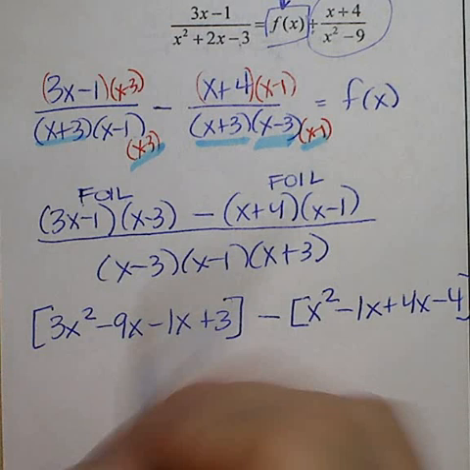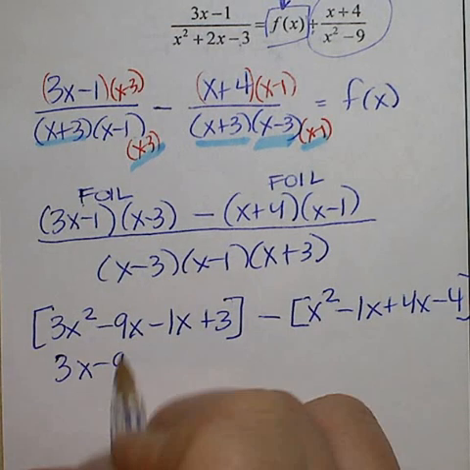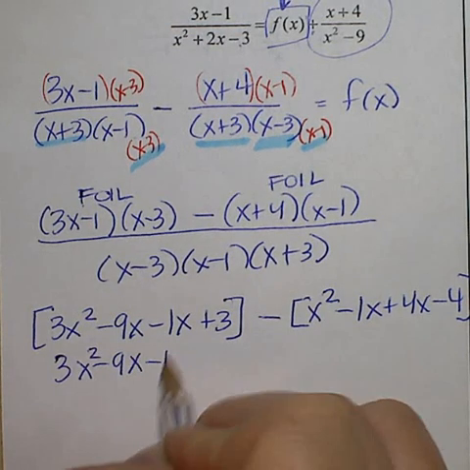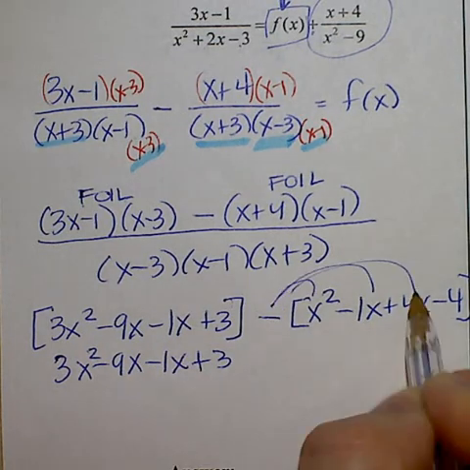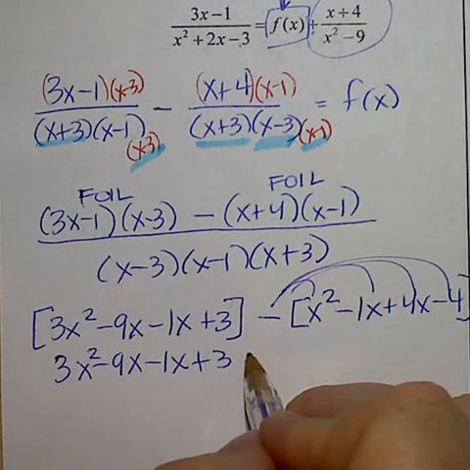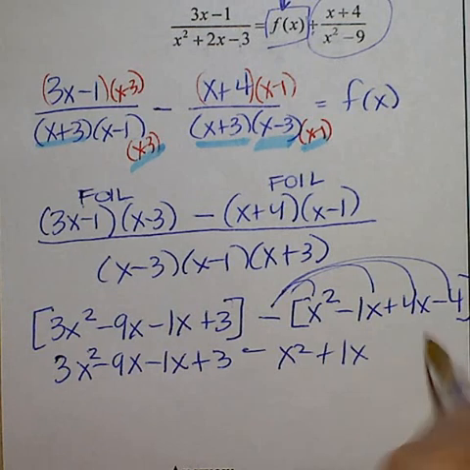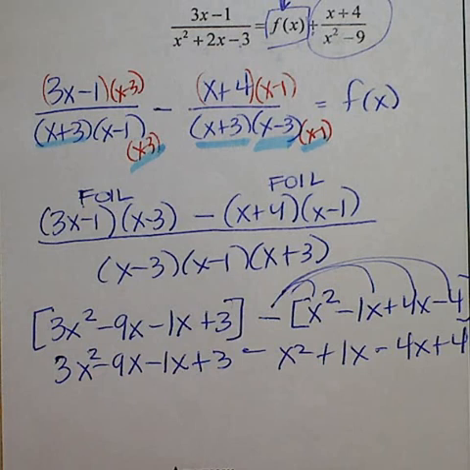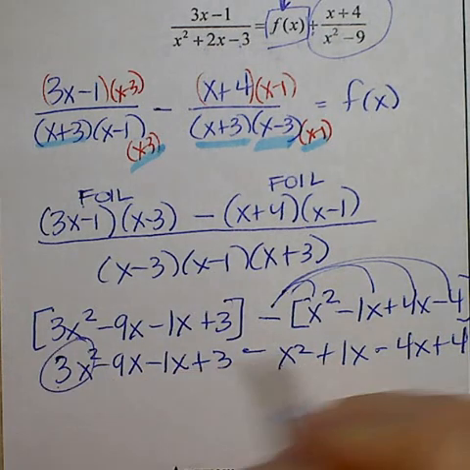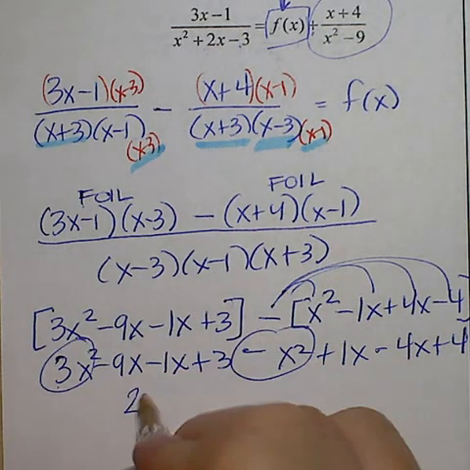So as I write this down, nothing is changing about the first bracket, but in the second bracket, when you distribute a negative sign, everything is going to change signs. What was negative becomes positive and vice versa. Now I'm going to combine like terms. 3x squared minus 1x squared is 2x squared.